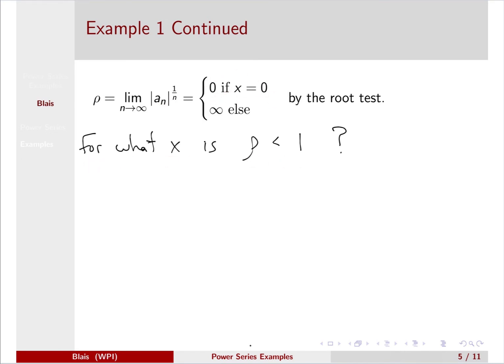So for what x is rho less than 1? Well, let's look at our cases. We said rho was equal to 0 or infinity. 0 is certainly less than 1. Infinity is certainly not less than 1. So this is only going to work in this case when x is 0.